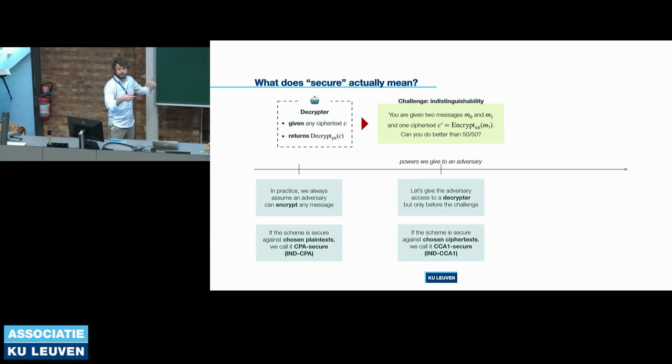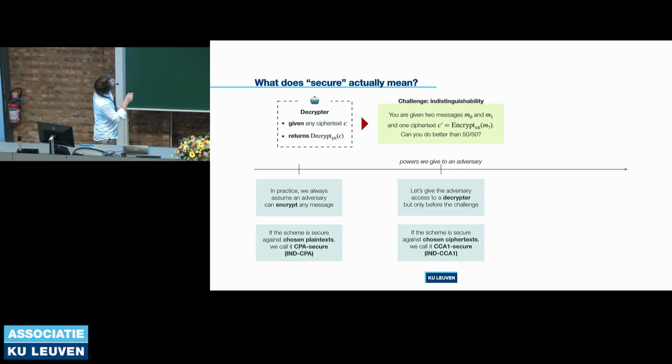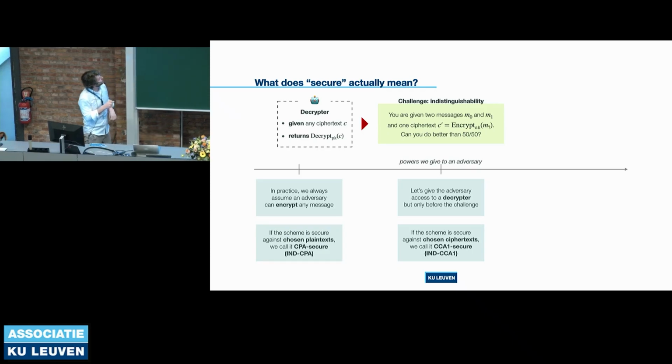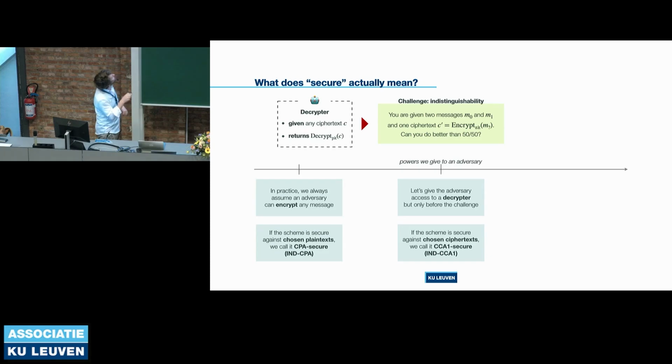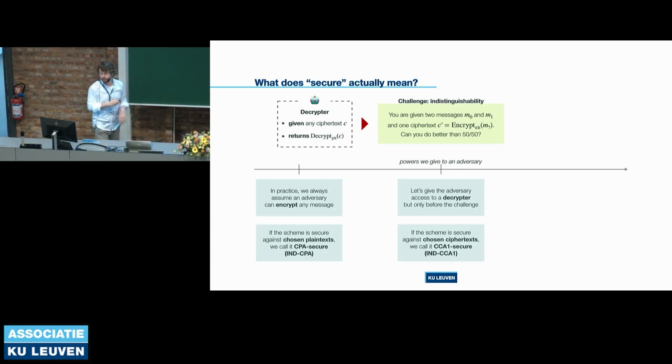And you can do that for as many ciphertexts as you want, until you get your challenge. Then you get your challenge, M0, M1, C prime, and now the guess is, can you do better than 50-50 or not? If you're still secure in this model, here we call that chosen ciphertext attackers because they can choose ciphertext. We call that CCA1 security.